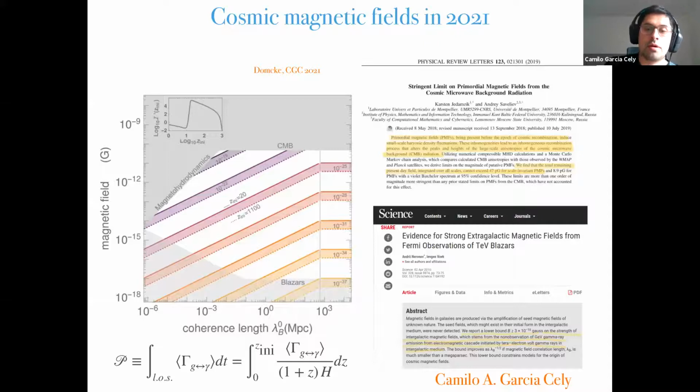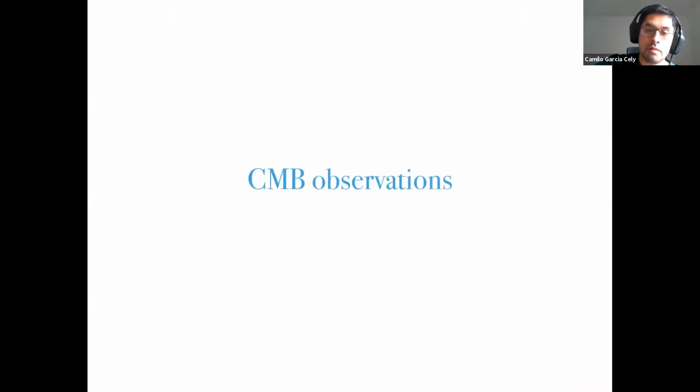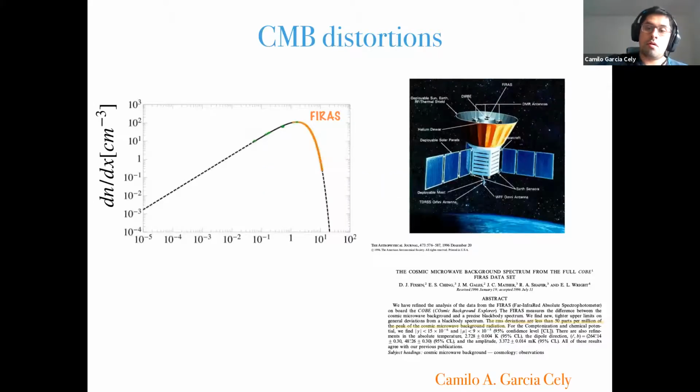Now let me talk about the conversion probability as a function of what we know about the magnetic field and the coherence length. So now let me talk about CMB observations. And here there is also important progress in the last few years. On the one hand, we know that the CMB is described by a black body spectrum with a high accuracy.